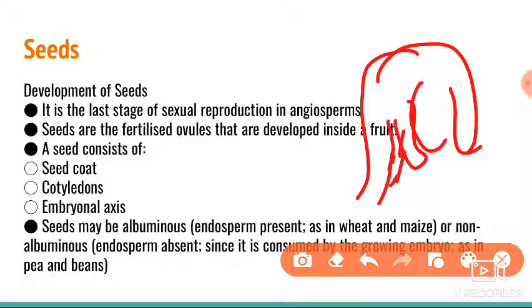If you observe the structure of the ovule, in the middle the ovule is there. These are the integuments, and these integuments are the seed coats, and these seed coats are two in number here.